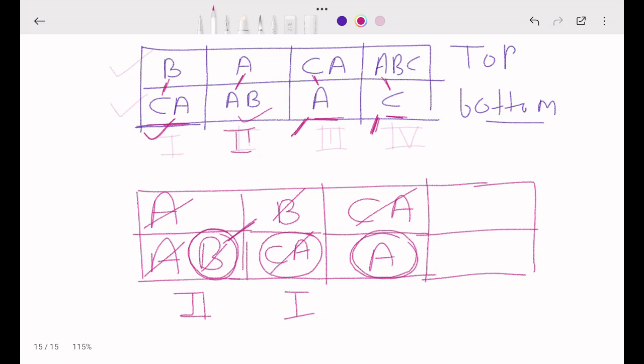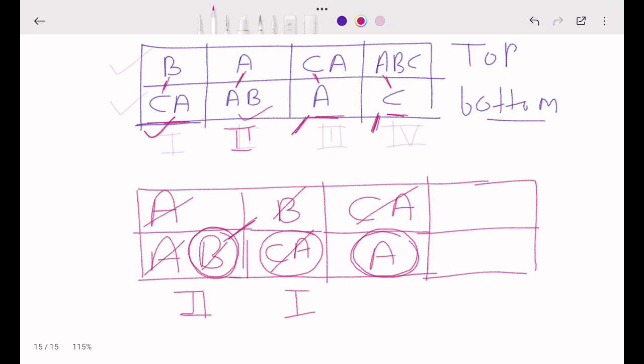Suppose I am taking B, it will cancel. So suppose I am taking A, AB. Okay, this one. This is the second one, and this is the third one.